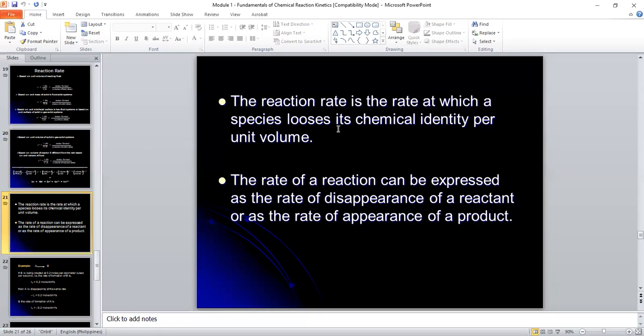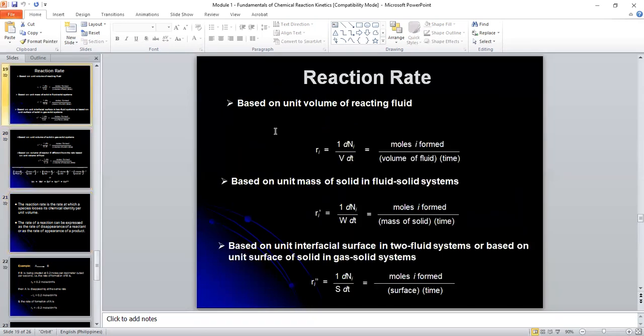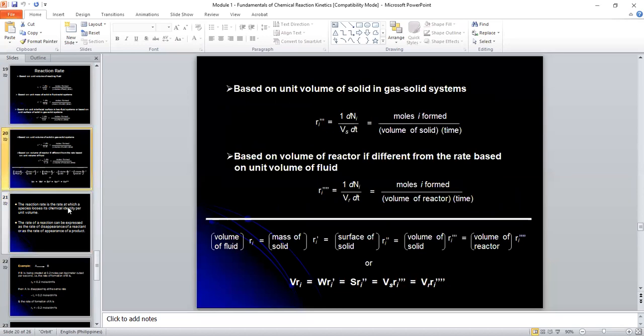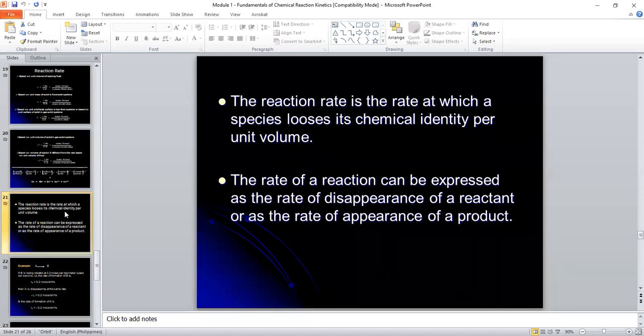So the reaction rate expressions or equations is the rate at which a species, referring to your reactant, loses its chemical identity per unit volume of your system. The rate of a reaction can be expressed as the rate of disappearance of the reactant or the rate of appearance of a product.